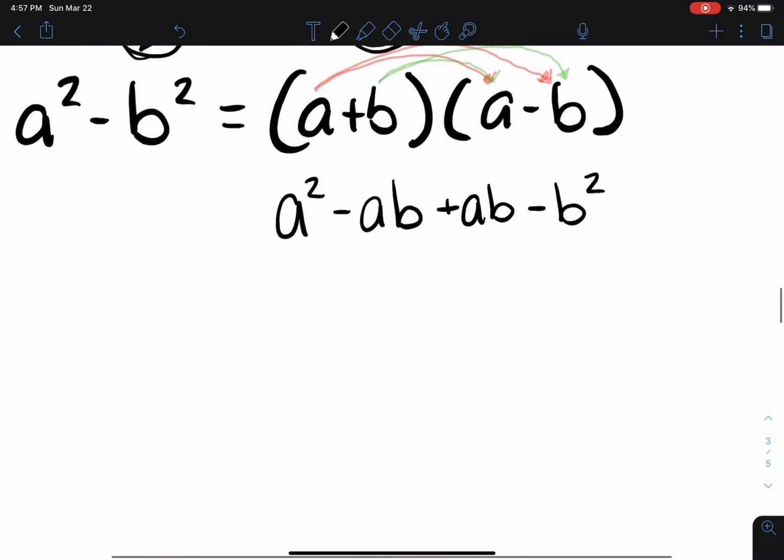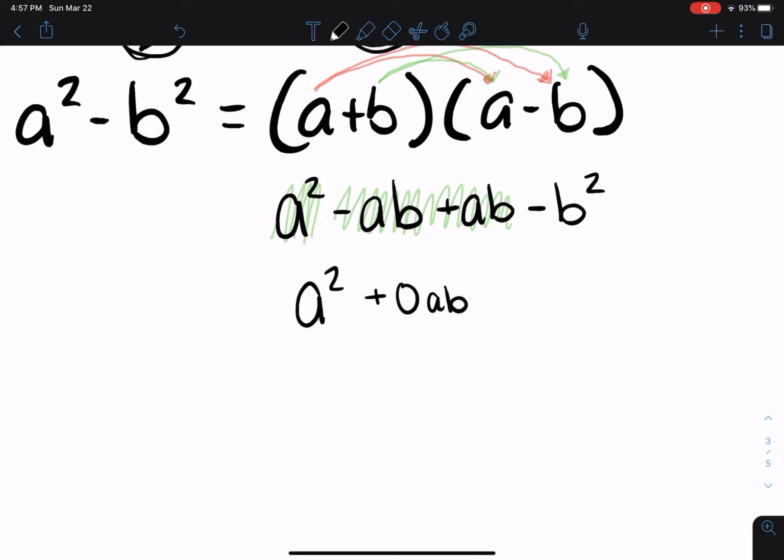If we want to combine like terms, we can say, well, a squared is by itself, so I'm just going to drop it down. Negative ab and positive ab are put together, so I can combine these two. So I've dealt with those, and that is 0 plus 0 ab.